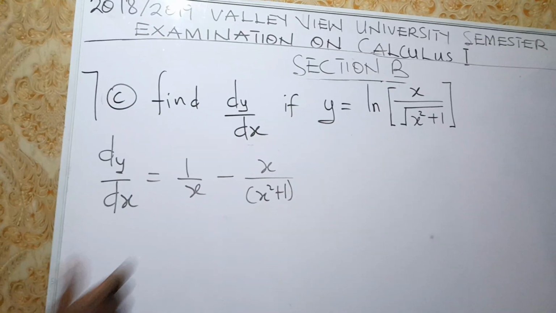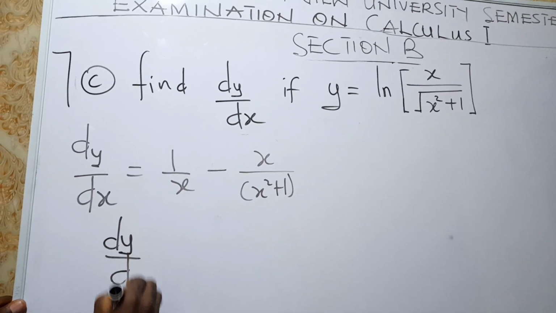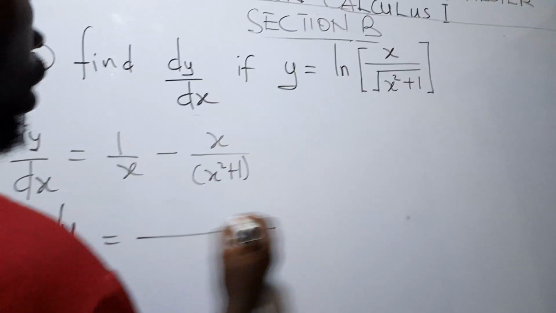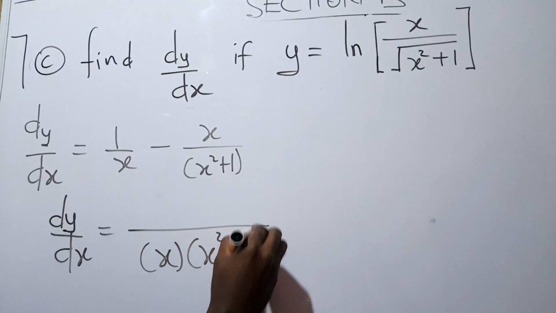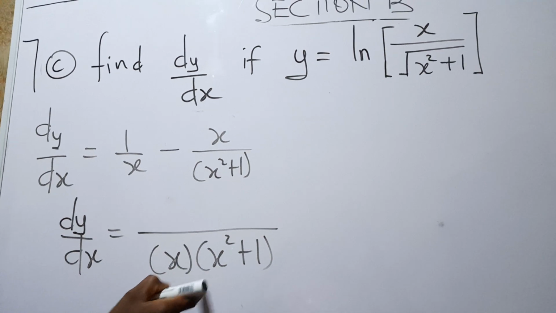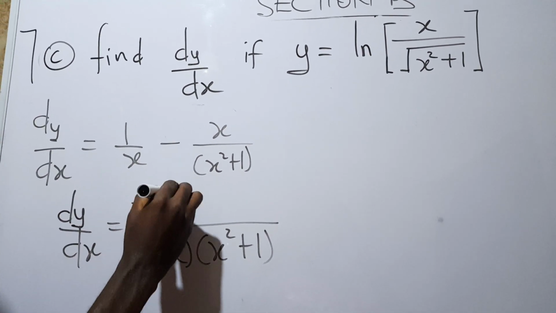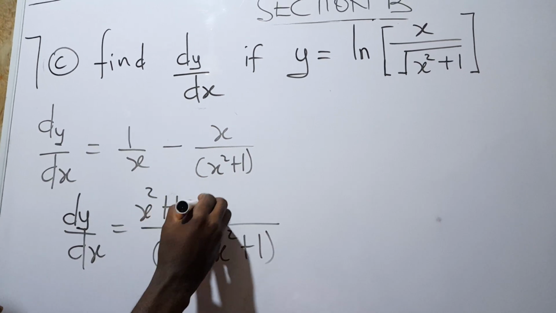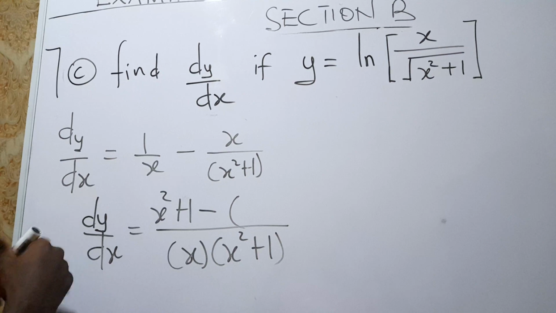So we can solve this further by finding the LCM here. We can say our dy over dx is equal to, the LCM will be x squared plus 1. So if we divide this, we'll be left with x squared plus 1 times 1, which will just be x squared plus 1. Then minus, when this is divided, we'll be left with x times x, which will be x squared.